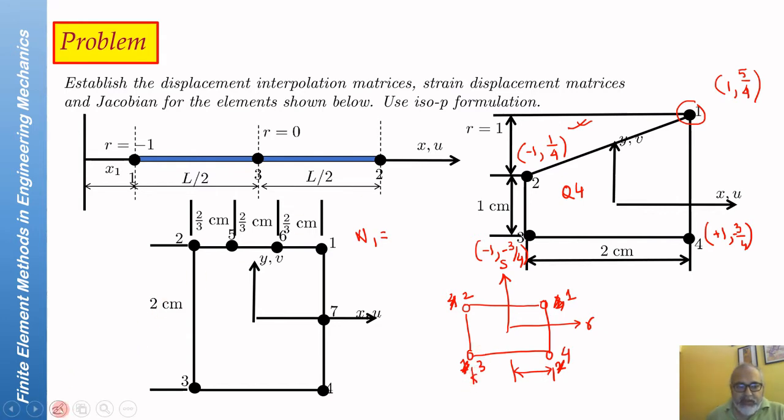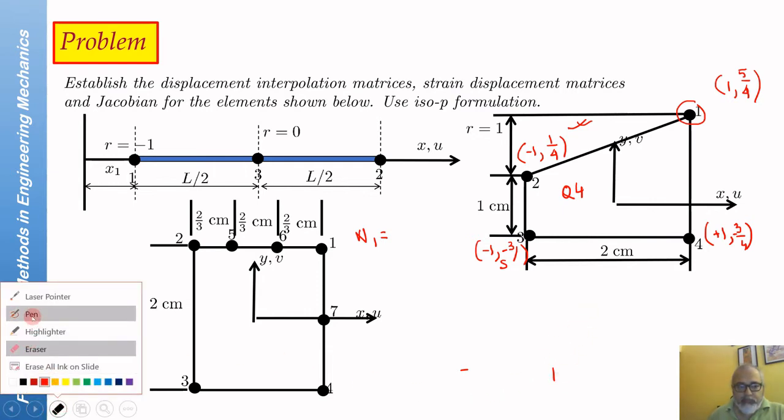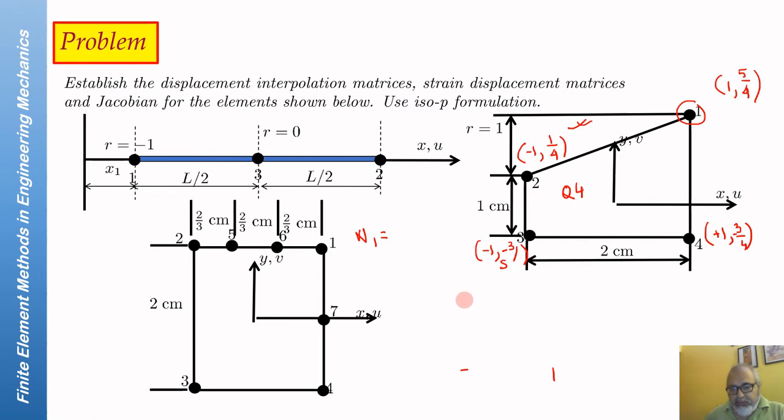Let's erase this parent, and so this parent now is again going to be one by one. This is RS. So 3 will map from here, 4 will map from here, and then I'll have 1 here.